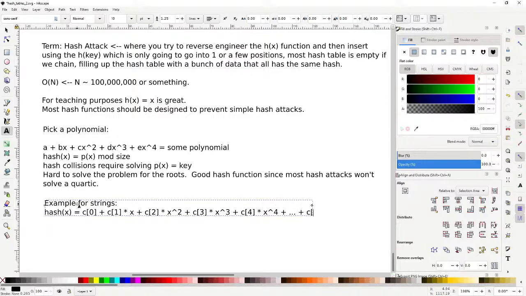And then the last one, C of n minus 1 times X to the n minus 1. And then finally, you mod it by n. And so that's a hash function for strings.